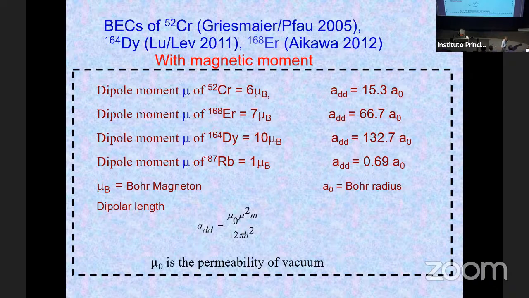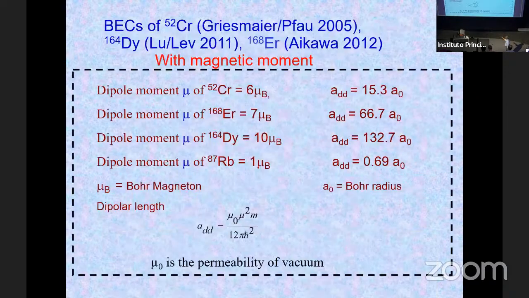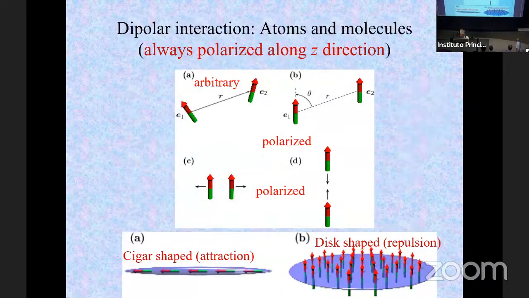So these other atoms have many unpaired electrons, and so they have a large dipole moment. And a measure of this dipole moment is the dipole length, which is used in most of the calculations. You have seen this. This is the measure of the dipolar interaction strength.